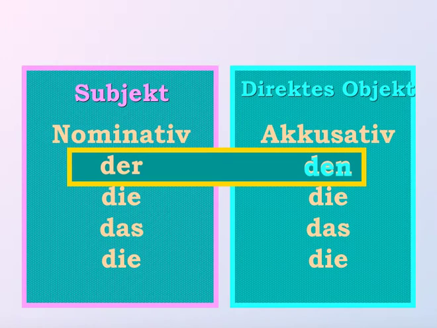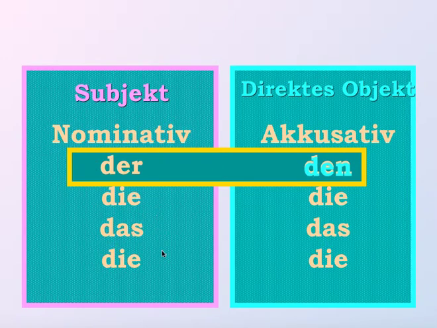Correctly, you notice that there is no difference between the feminine, the nominative die and the accusative die, no difference between the neuter, nominative and accusative, and the plural, nominative and accusative. You did notice that the masculine, the der, changes and becomes a den.